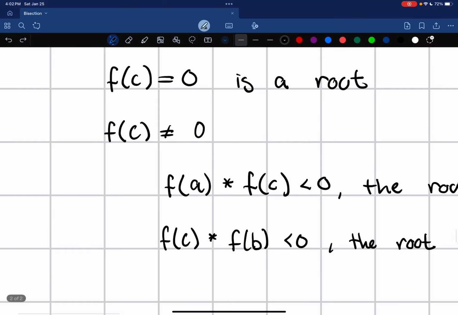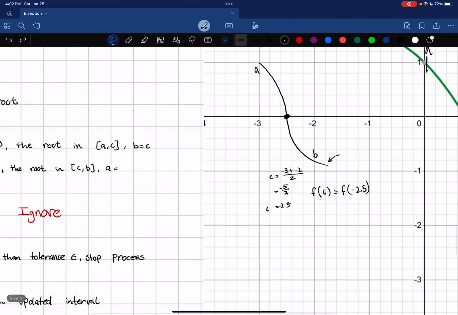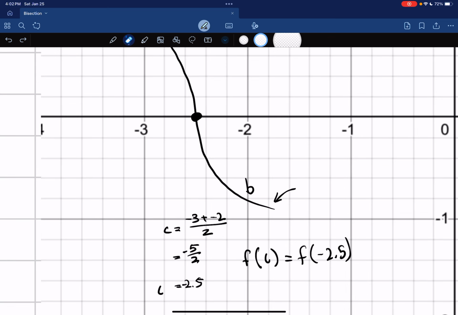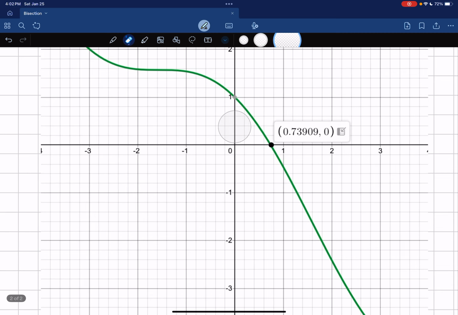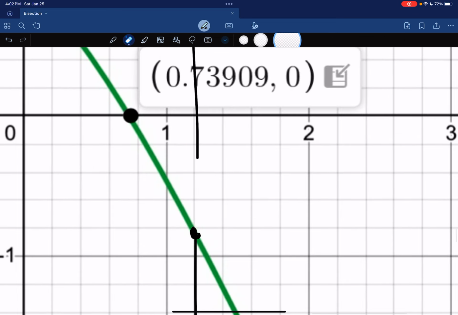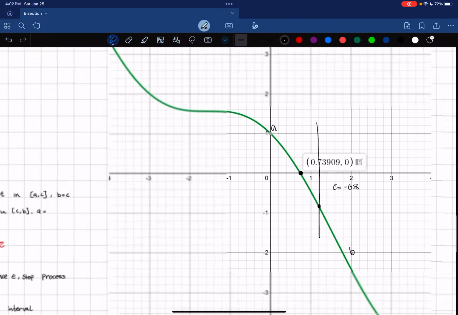Now, what if it's not 0? Let's use a different example now. We'll use the cos example here. Again, this is my A, that's my B. I have some midpoint C, and let's say my C equals -0.8.